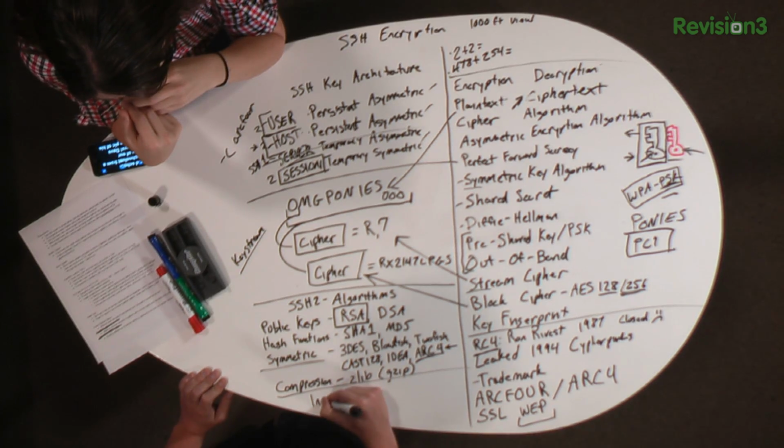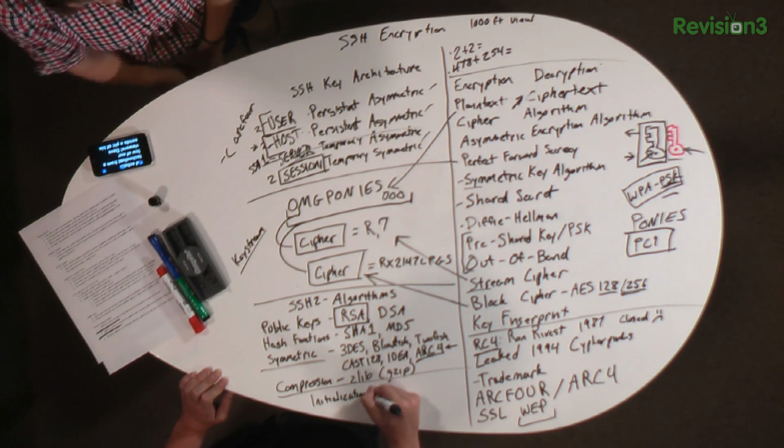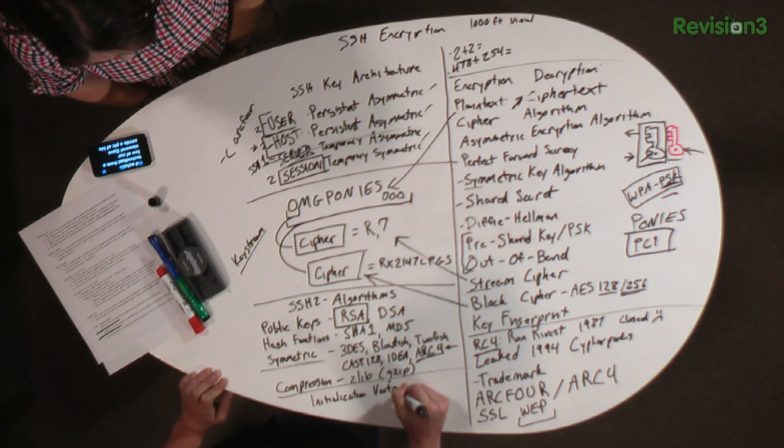The reason for that is that symmetric keys are typically combined with what's known as an initialization vector, which is basically a fancy word for, I'm not diving into this right now, pseudo-random numbers.